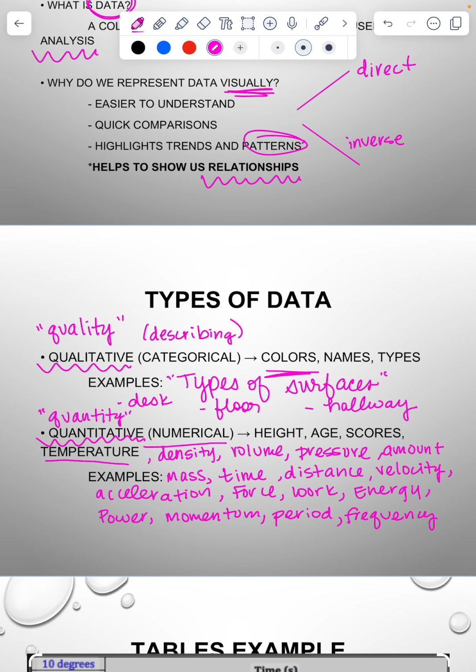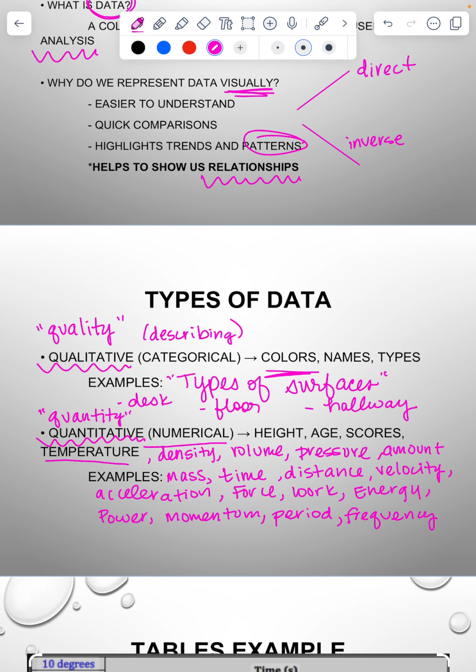These are just a few things that we're going to be finding this year and doing labs on, and all of these are quantitative. They all have numerical values that go along with them.